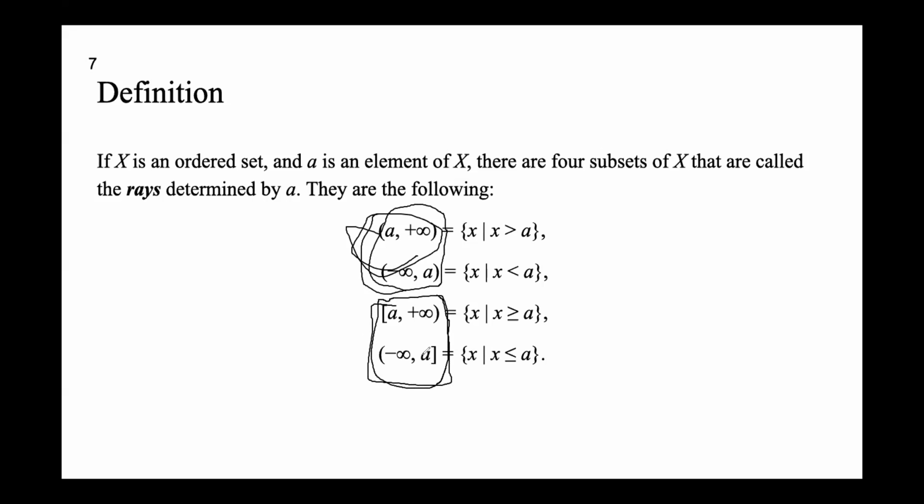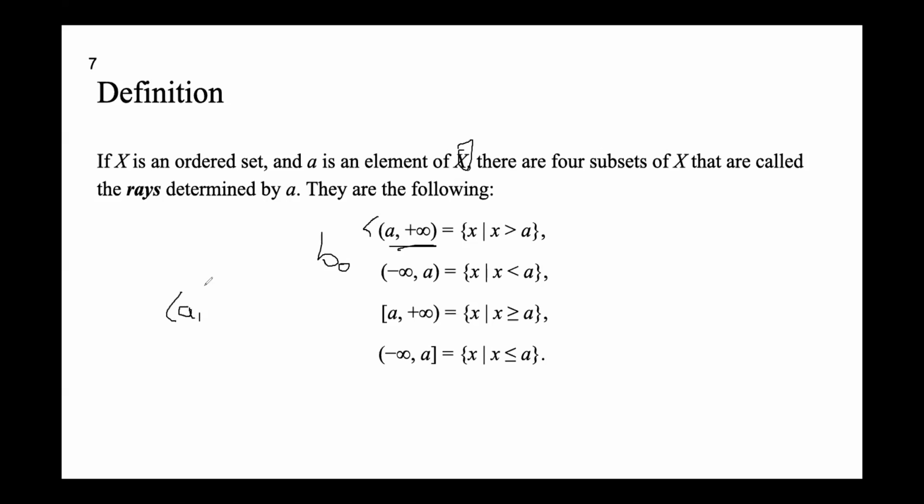in the order topology. So if we consider, for example, the first set, this one. If, for example, X has a largest element, for example B0, then this first set would be equal to (A, B0).